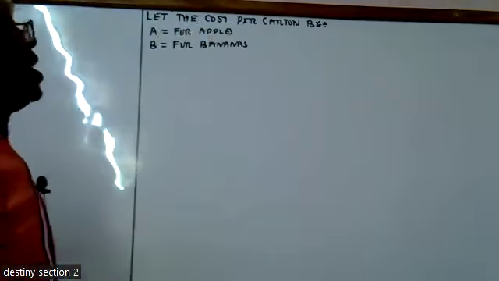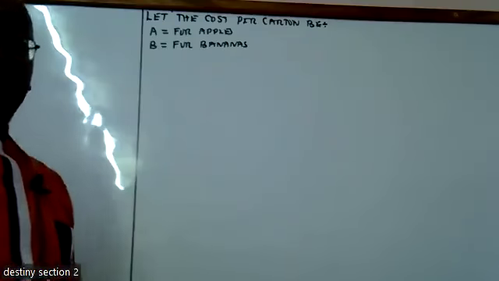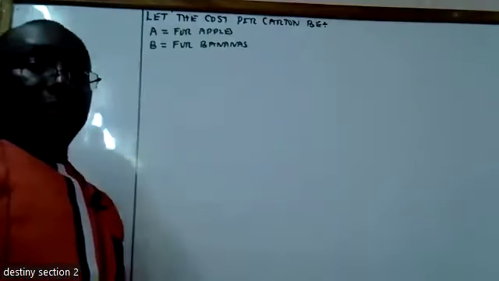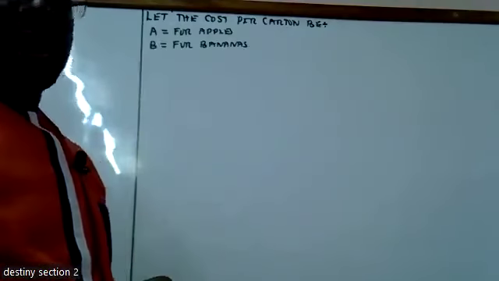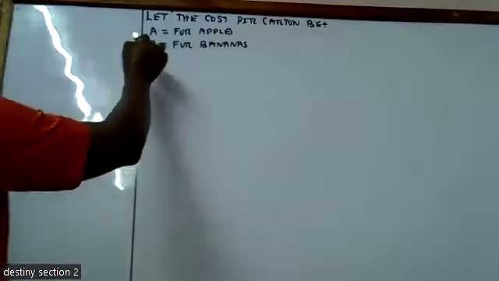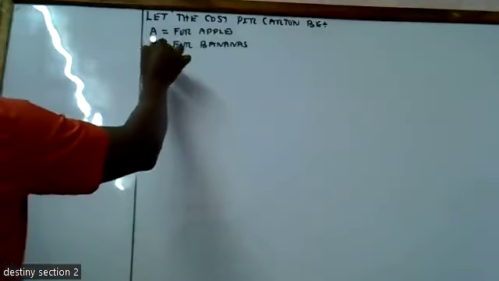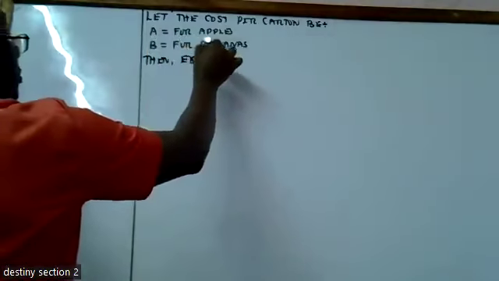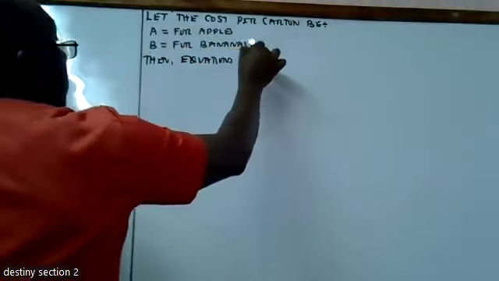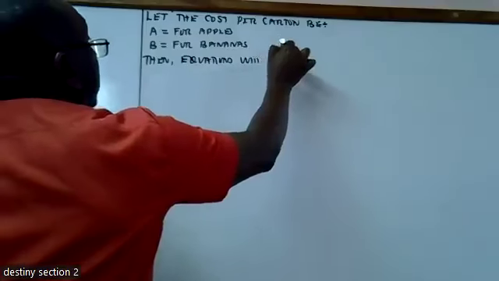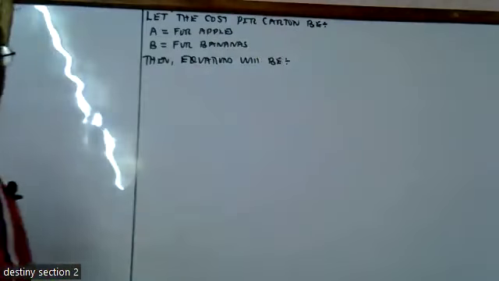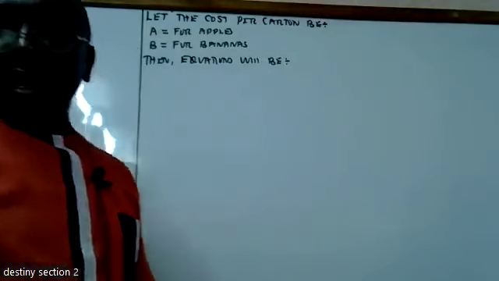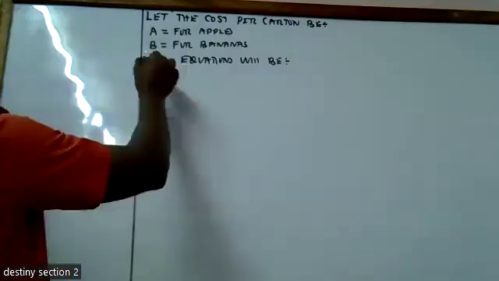Then the equations will be: looking at the first month, we are told he bought 7 apples and 4 bananas.